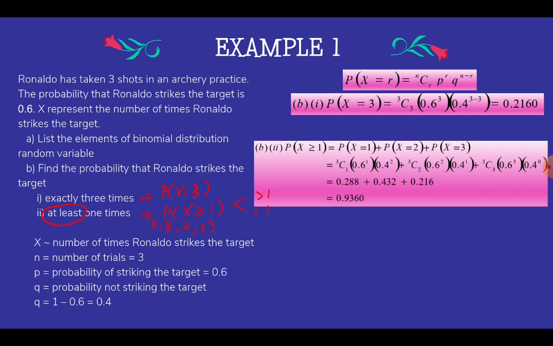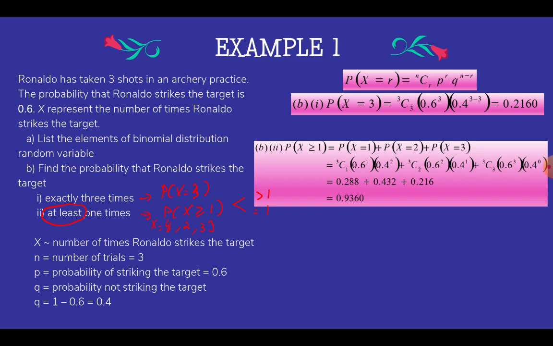Remember, when we talk about at least 1 time, the number that is not included is X equals 0. So we can say that there is an alternative method in which we consider the complement situation.